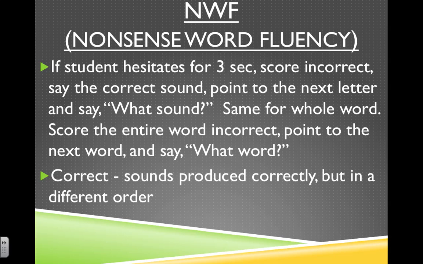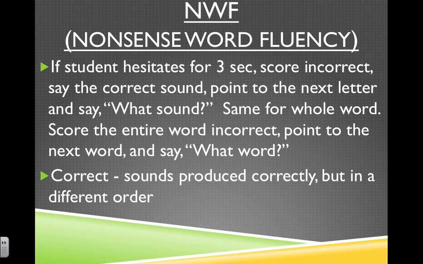The same would hold true for if the student is giving you whole words. You're going to score the entire word as incorrect. You're going to point to the next word, and you're going to say, what word? So depending on whether you're saying what sound or what word will depend upon how the student is approaching the assessment, if they're giving you by the sounds or by the word.